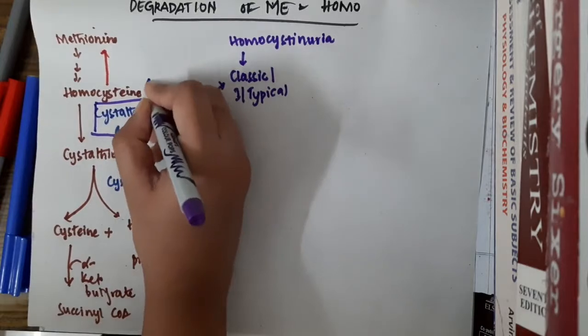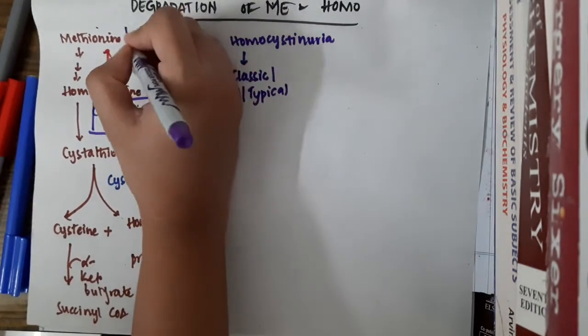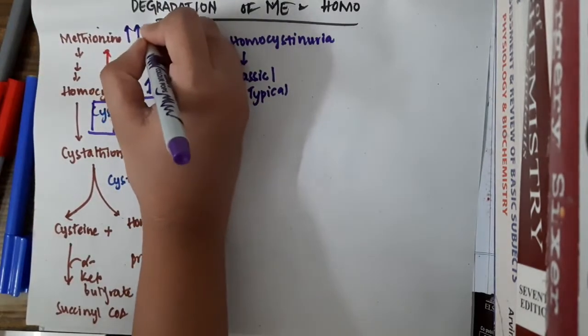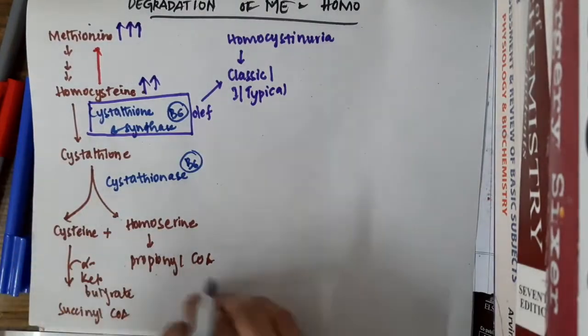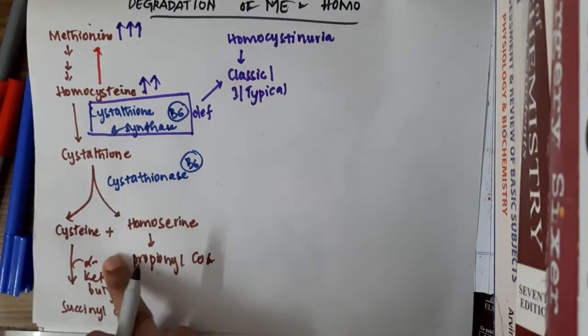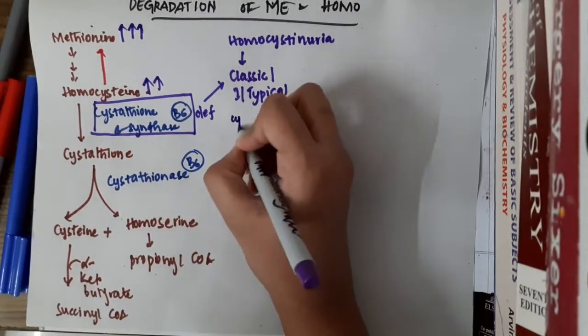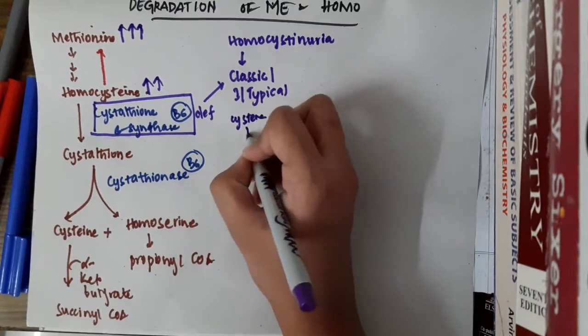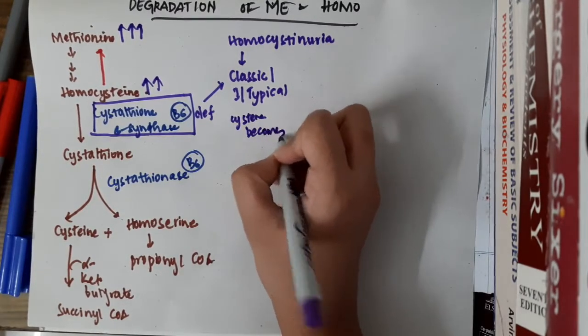So there is increased homocysteine and also increased methionine in homocystinuria type 1, and cysteine cannot be formed in this reaction. So here cysteine becomes essential.